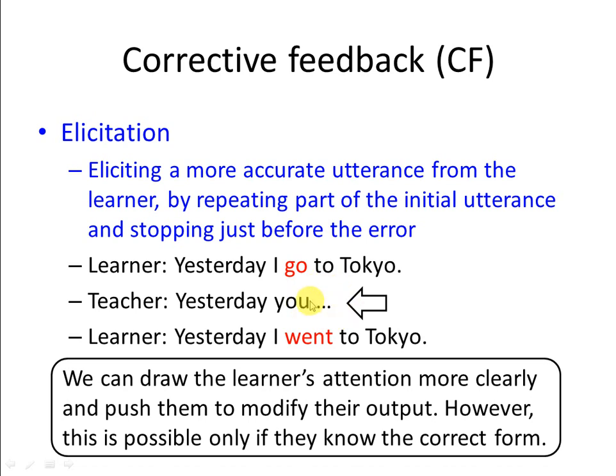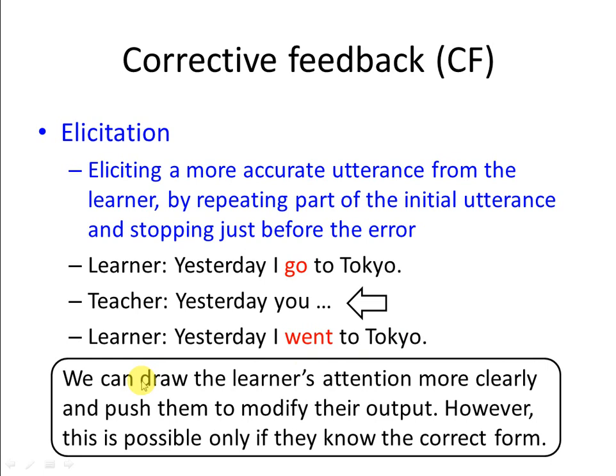The teacher stops here, and then the learner remembers that he or she should have used the past tense form. So the learner says, yesterday I went to Tokyo. So this corrective feedback strategy is called elicitation. So here we elicit a correct or more accurate or more appropriate form from the learner. Okay?